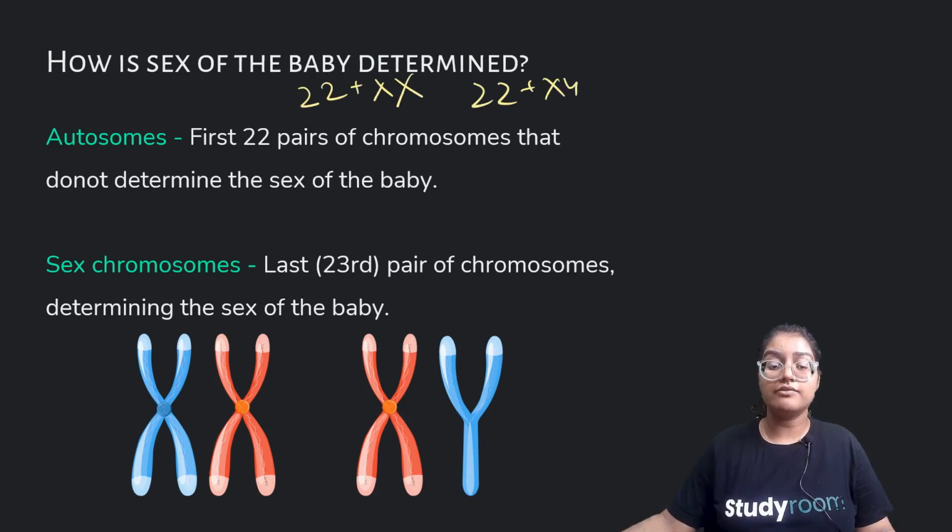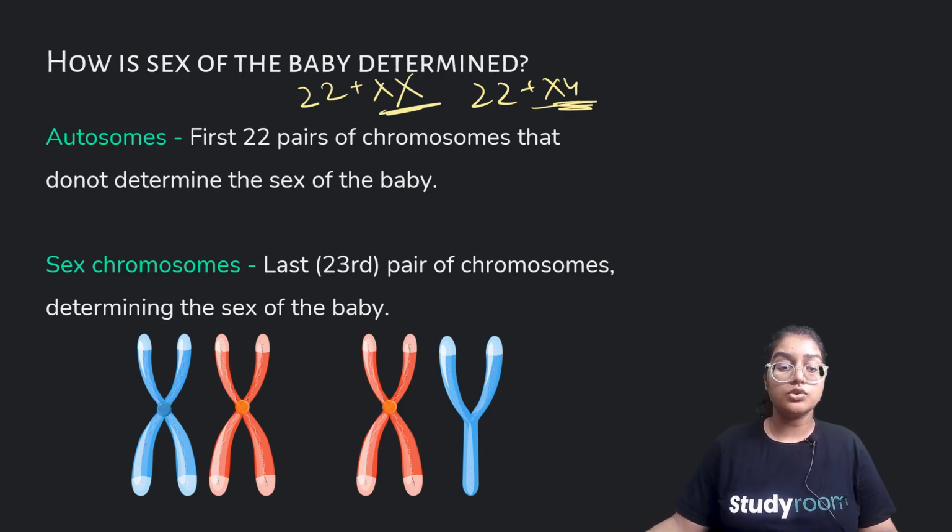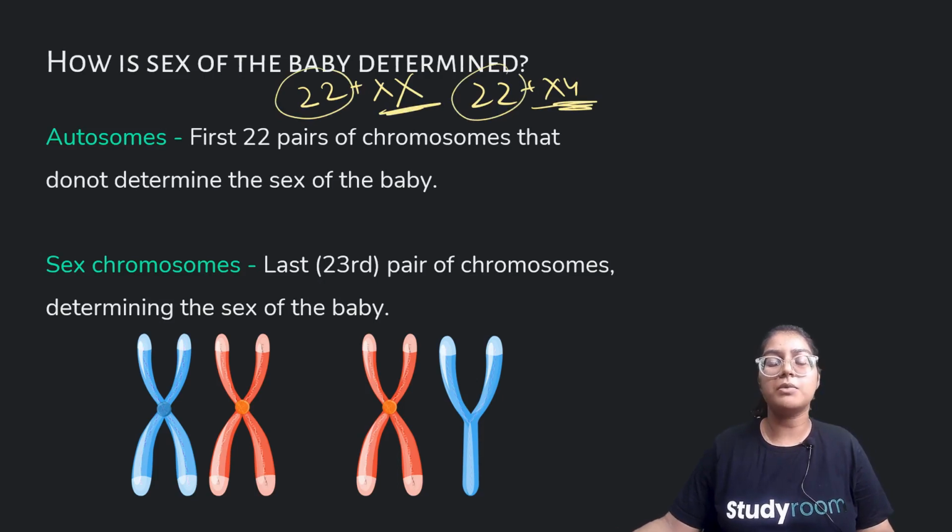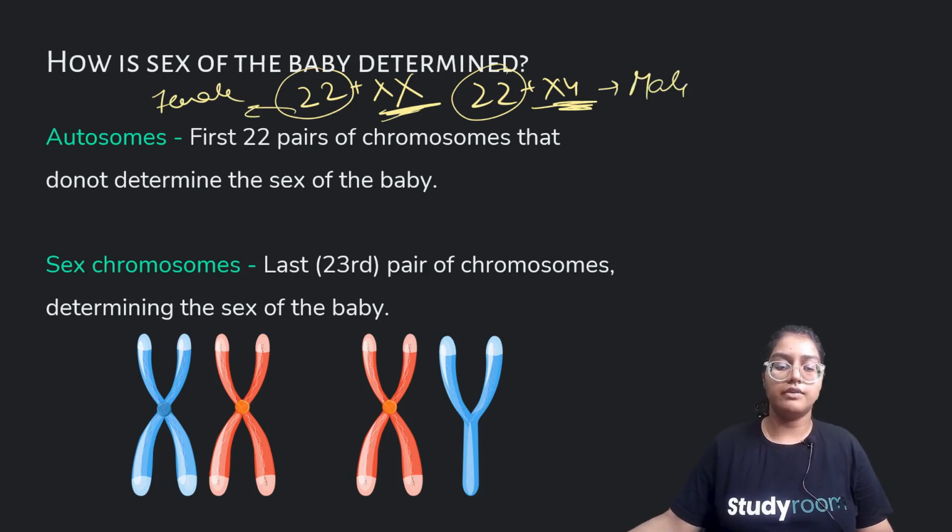So the deciding factor of the sex is these last two. The first 22 pairs of chromosomes, which are common in everybody, are autosomes, and they do not determine the sex. Sex is determined by the sex chromosomes, which are XX and XY. So the last, 23rd pair of chromosomes determines the sex. XY happens in the case of males and XX happens in the case of females. So this is a male child, this is a female child.